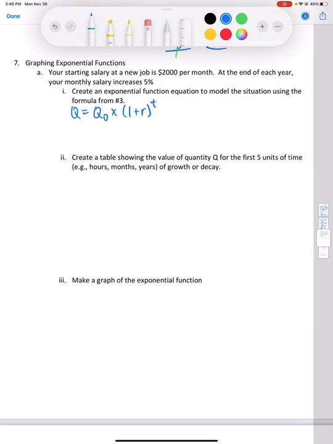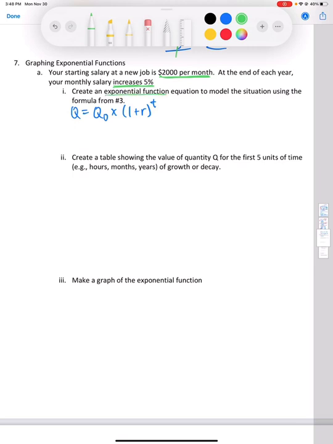Okay, so we're going to create an exponential function with this situation. Let's take a look at what information they give us. The salary is starting at $2,000 per month. At the end of each year, the salary increases 5%. Okay. So I need to do a function, which is key.